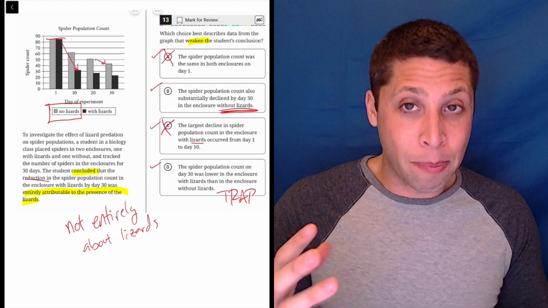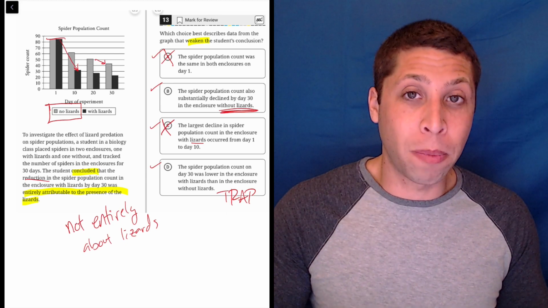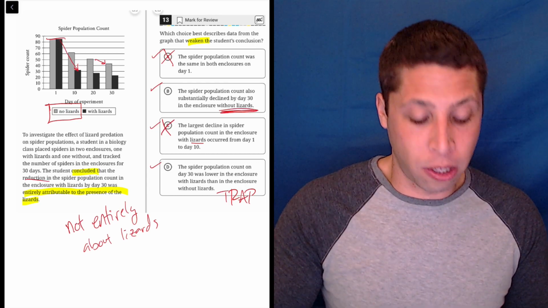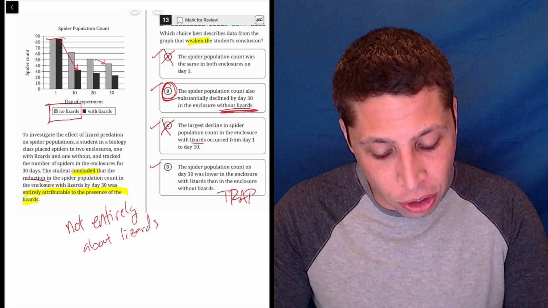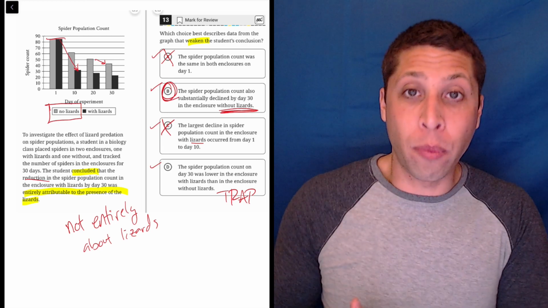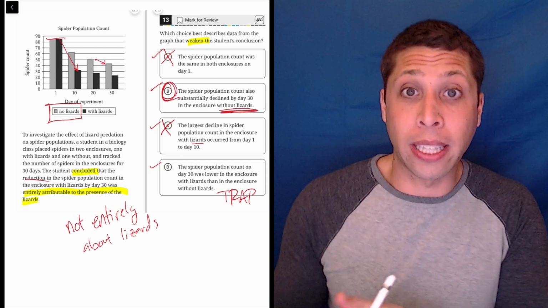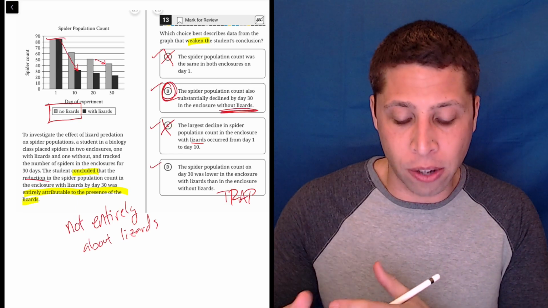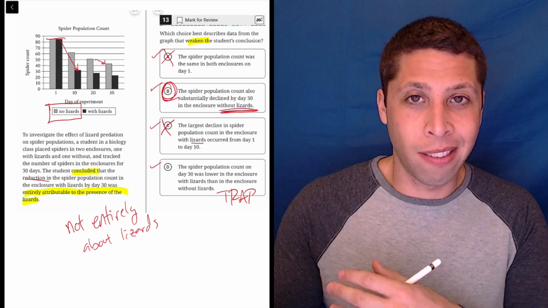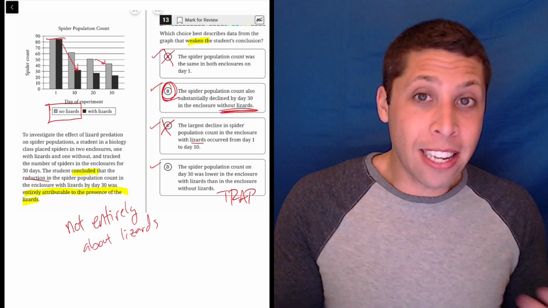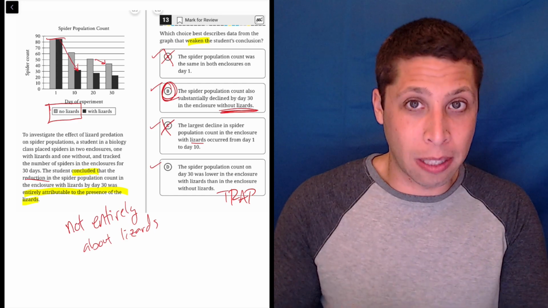So it's basically you just misread the question because you're trying to repeat the student's conclusion, support the conclusion, instead of the actual task, which is to weaken it. And the way that we weaken is by saying that something else must have been killing the spiders. We don't know what, we don't get that specific, but basically if there's no lizards, then according to the student, the spiders should all live. But they didn't, so something else is killing some spiders.